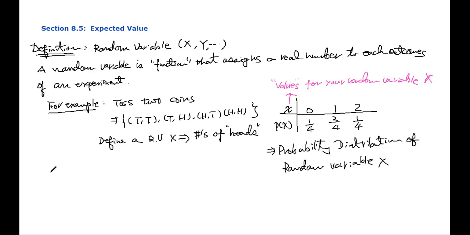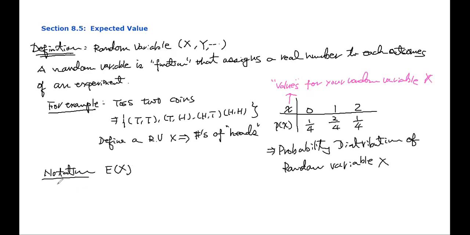Now, what is the expected value? I'm going to give you the definition first, and we'll take a look at examples. Before we give the definition, let me look at the notation. We use this notation for the expected value of this random variable.